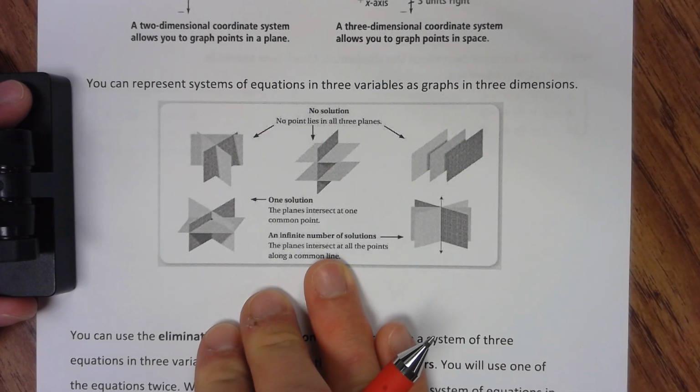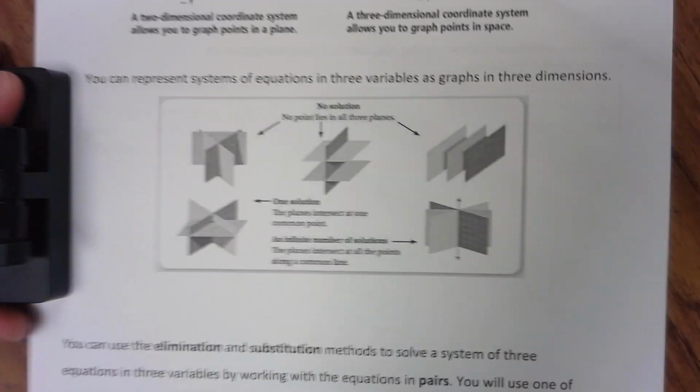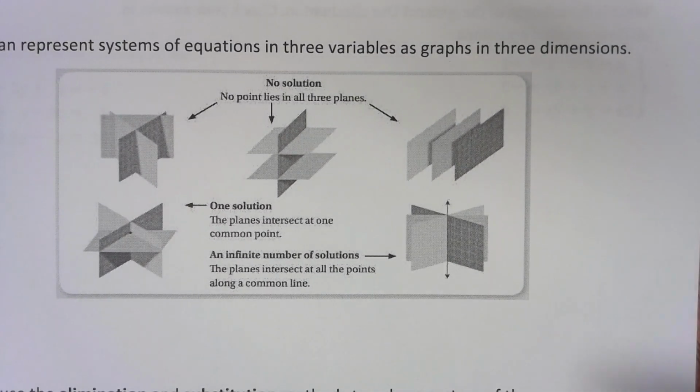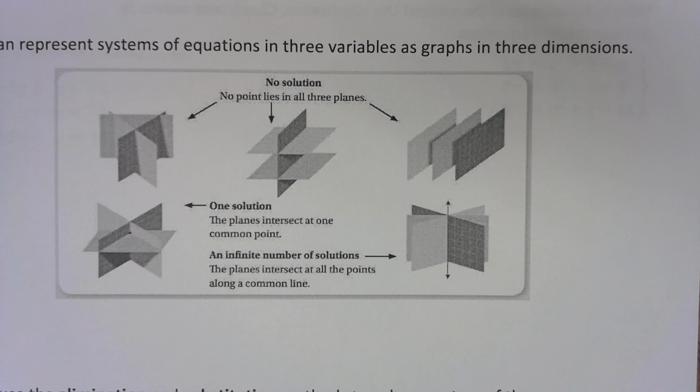So here's kind of what visually happens when we have three dimensions. We saw this with one of the SAT questions that you all did last block period, that when we have a system, the solution to that system is where all the lines or all the equations intersect. So what is the one place that they all intersect at?